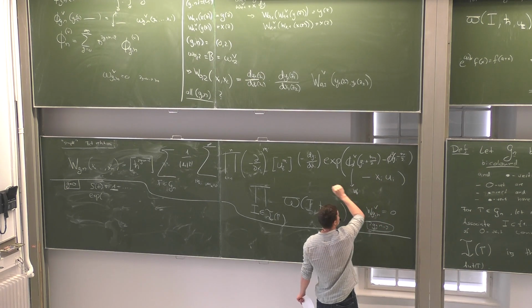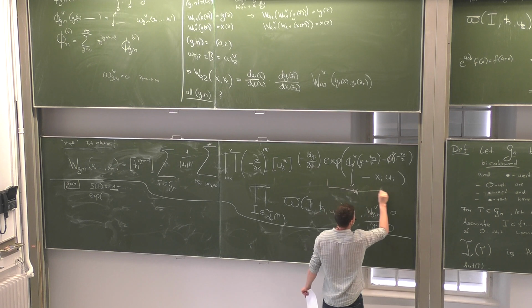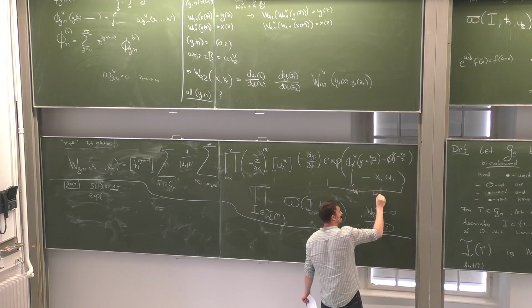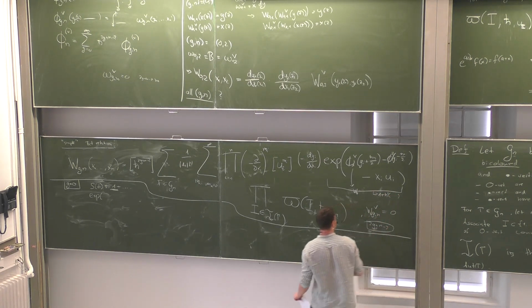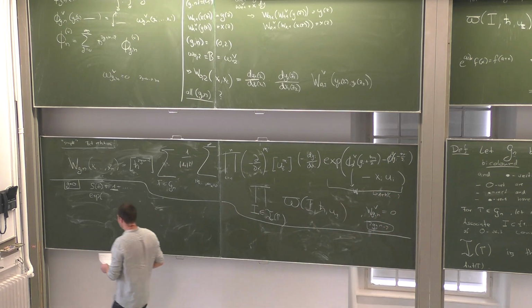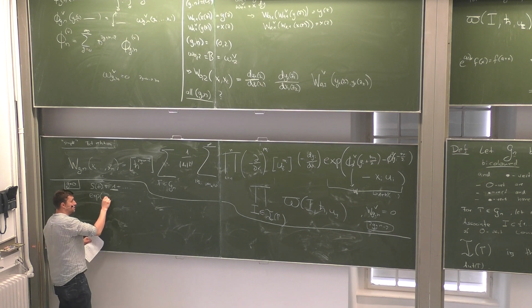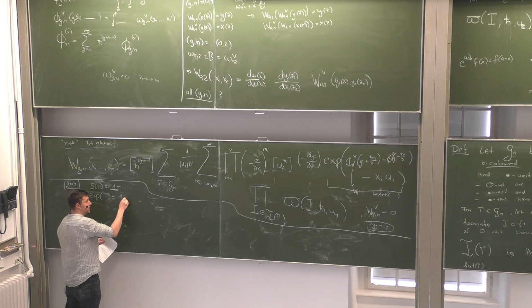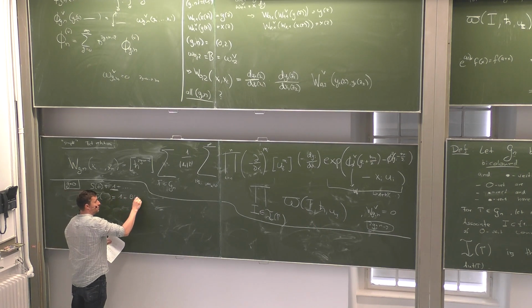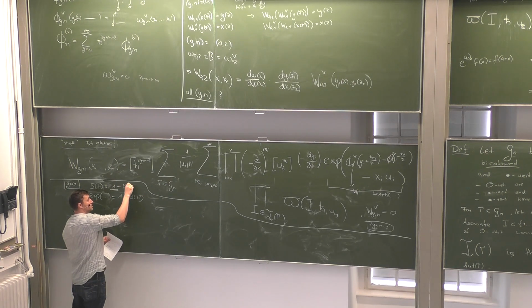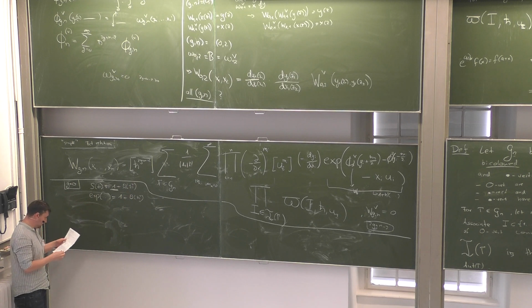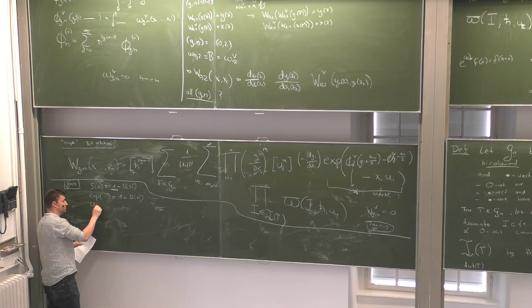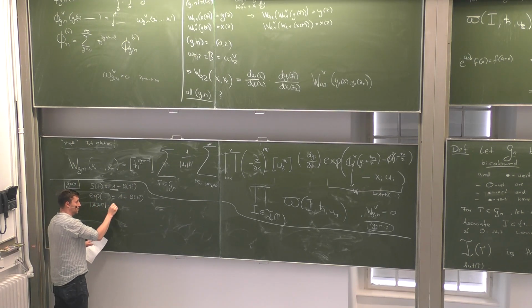So the whole exponential as an expansion in h bar is 1 plus h bar squared something. So the exponential is 1 plus something of order h bar squared. Here also the rest of h bar squared. So for genus 0 we have this. Then all the automorphisms trivial.